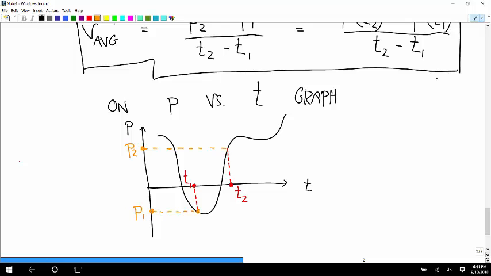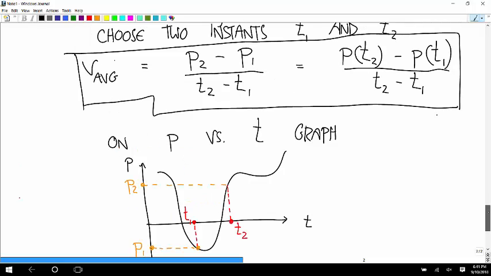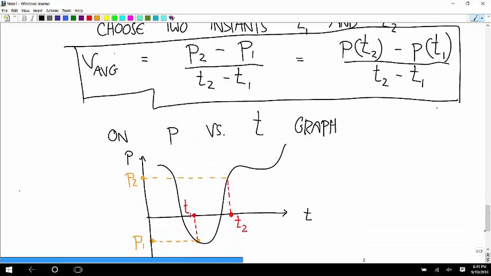Okay. So now, if you think about slope as being equal to rise over run, the slope of a line is the rise over run. Think about the rise from this point to this point. It's just equal to P2 minus P1. And the run is just T2 minus T1.